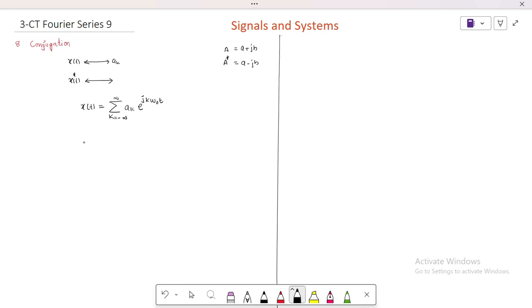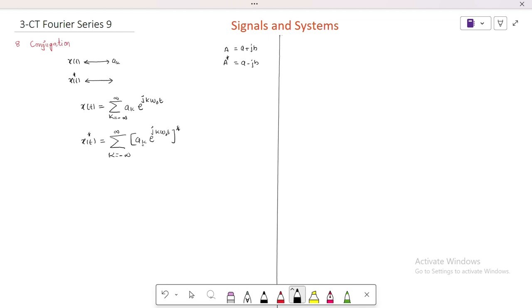Now I apply the complex conjugate on the left side and right side. So x of t complex conjugate equals sigma, k equal to minus infinity to plus infinity, a_k into e power j k omega naught t, complex conjugated.